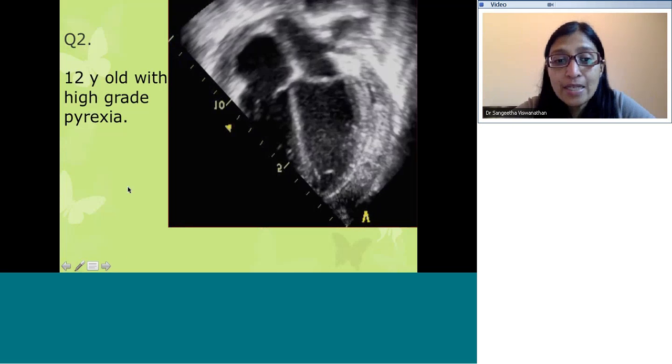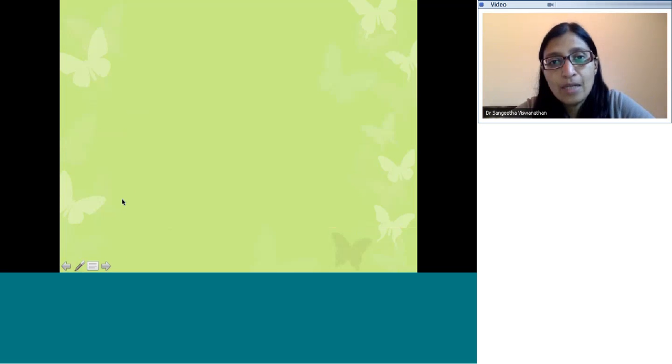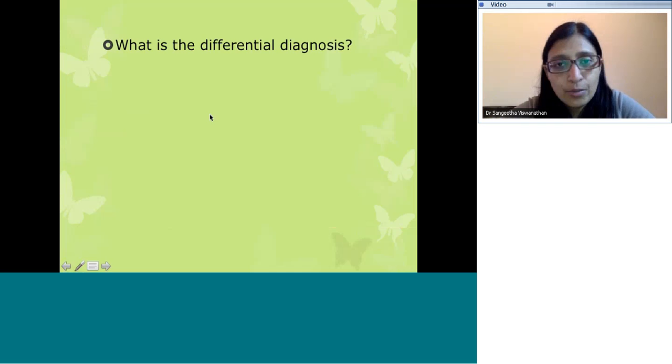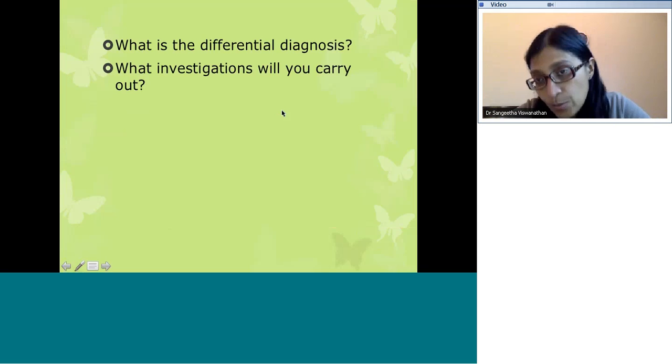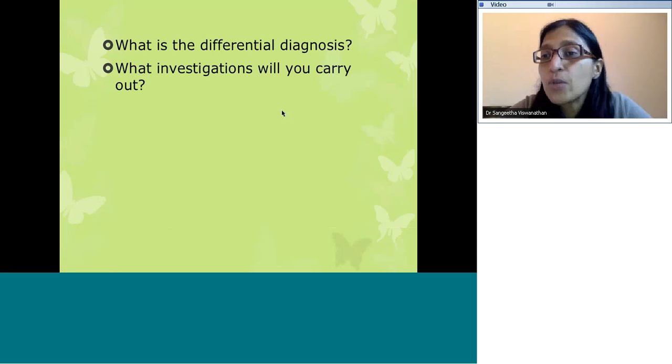Basically, we send off blood tests, like the usual infective markers, CRP, ESR. We do a Mantoux, we do a TB-PCR, sputum for AFB, and of course we can aspirate the fluid and look at it under the microscope, gram stain it, and culture it to see what the exact pathogenic organism is.